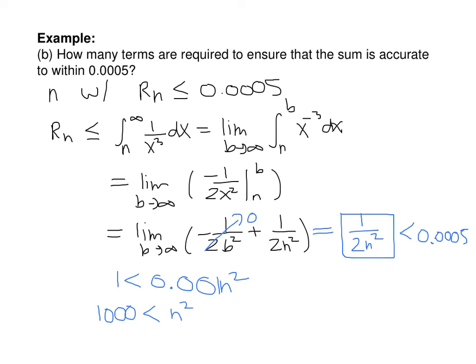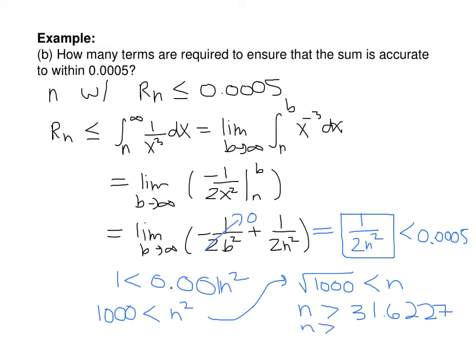Now root both parts of the inequality, and we'll have root 1,000 less than n. And so we have that n must be greater than 31.6227. So using 31 terms isn't going to be good enough, but as long as we have that n is bigger than or equal to 32, that will ensure the accuracy that we need.